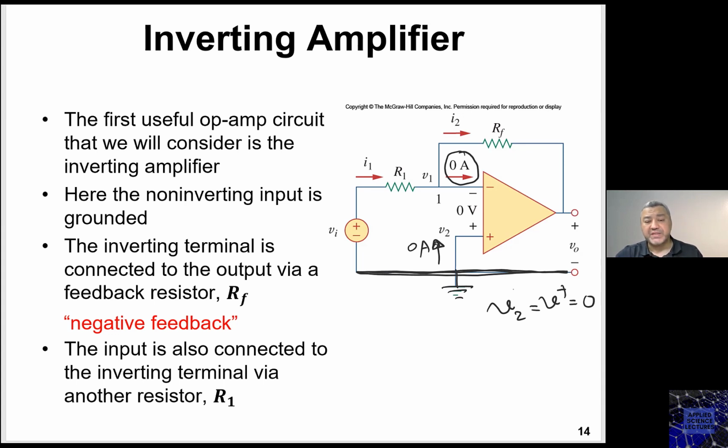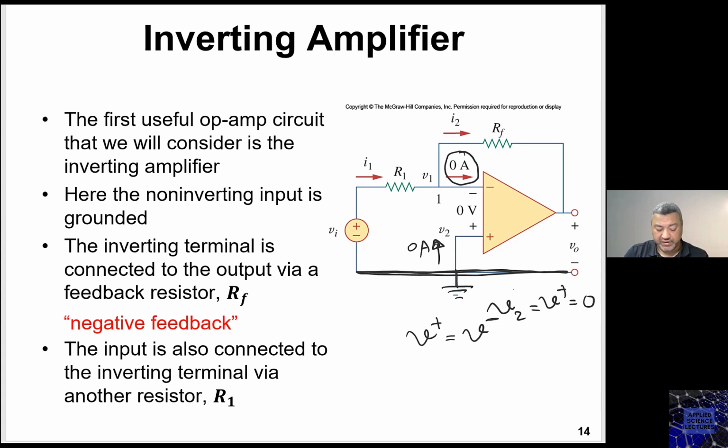So the op-amp is not going to withdraw any current from my circuit. So this is rule number 1. Rule number 2. VD is 0, which means that V plus equals V minus.